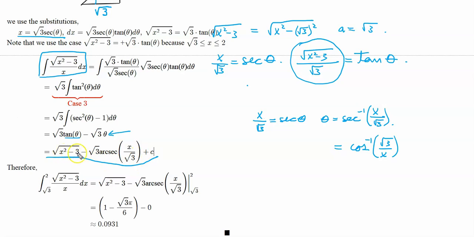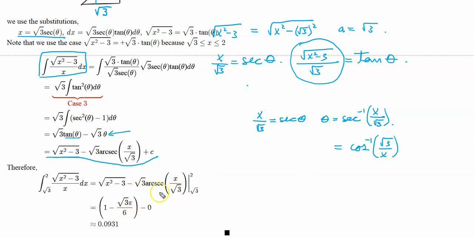Now if we want to evaluate the definite integral with the limits, well, we can just put root 3 in here for x and 2 in and subtract. So that's what we have right here. So if we put 2 in here for x, you'll find that this is going to be the square root of 4 minus 3, so that'll just be square root of 1 minus root 3, and the arcsecant of 2 over root 3, if I put the 2 in there for x, that's the same as the arc cosine of root 3 over 2, and that's going to be pi over 6.